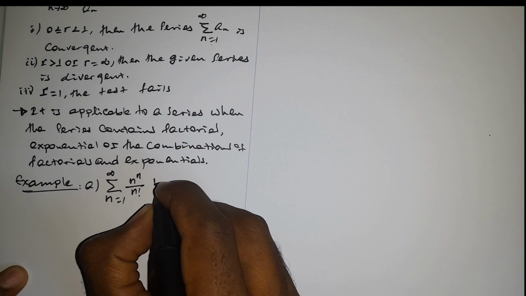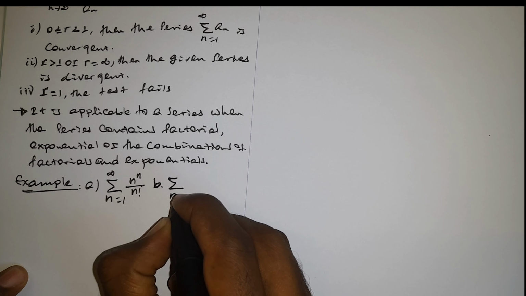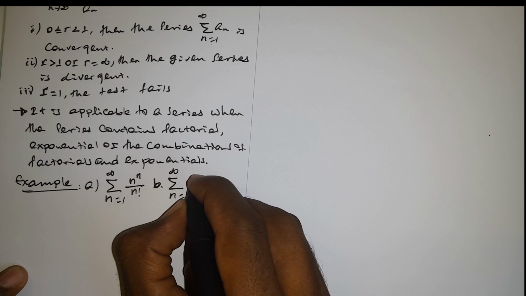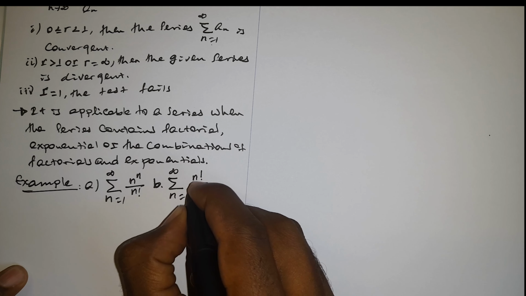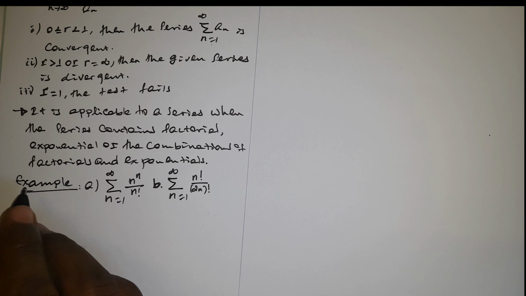B: summation as n runs from 1 to infinity of n factorial over 2n factorial. Let's say solution.